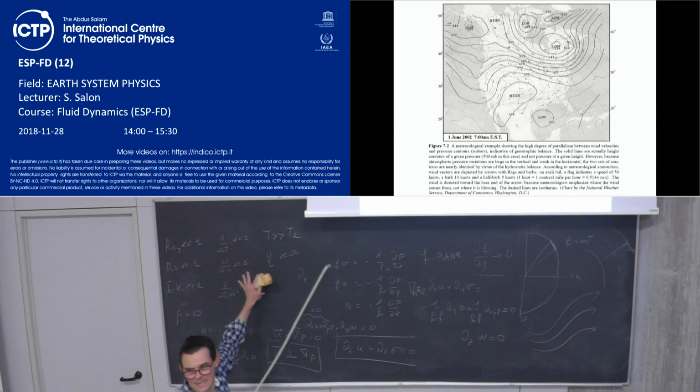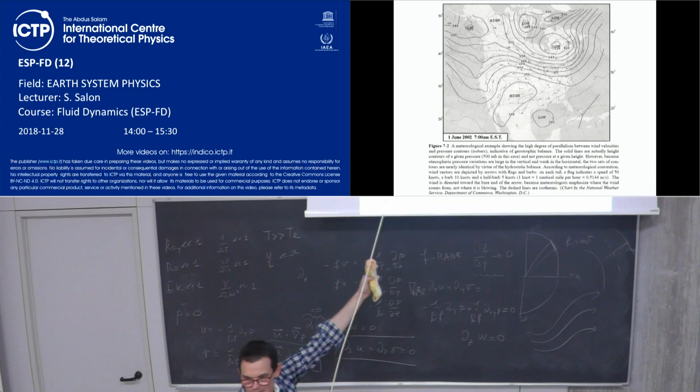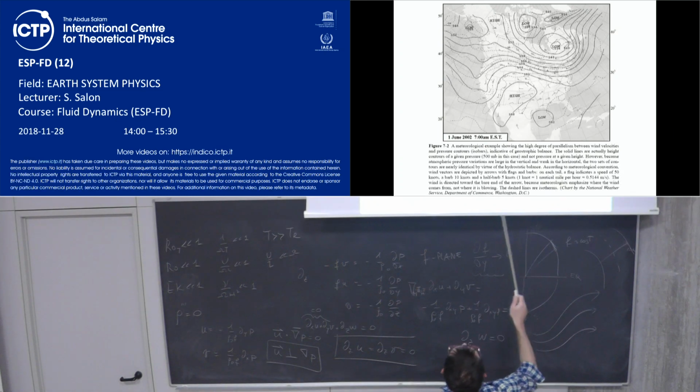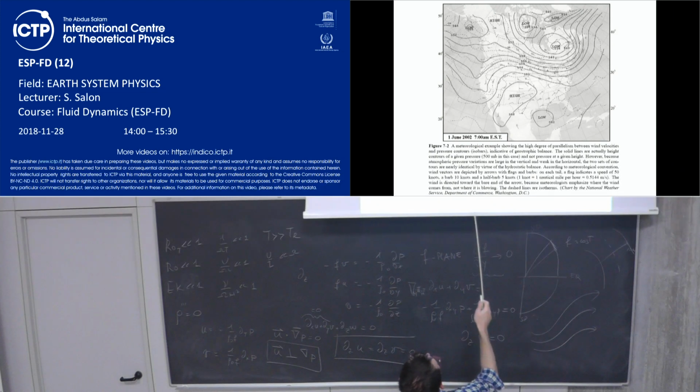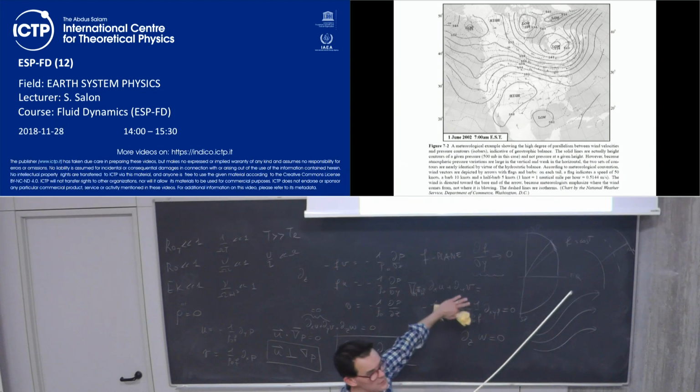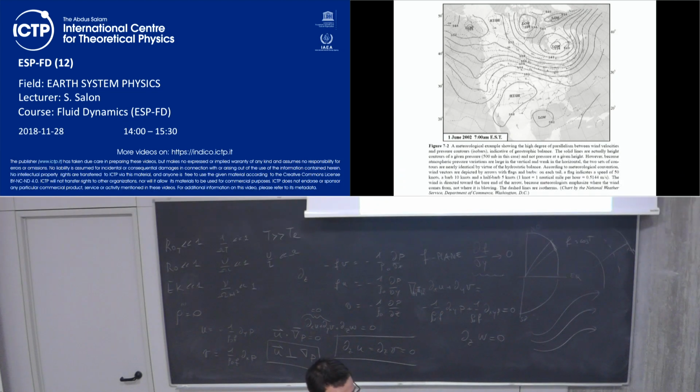This is the mathematical aspect, this is the reality, but we can say that we can have a flow which is non-divergent and which has only areas of high pressure and low pressure, and where here in the northern hemisphere it is flowing with the low pressure on the left and high pressure on the right, always, okay?